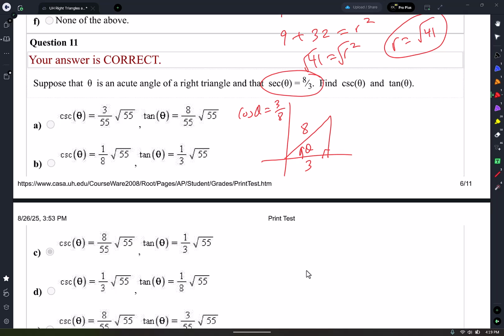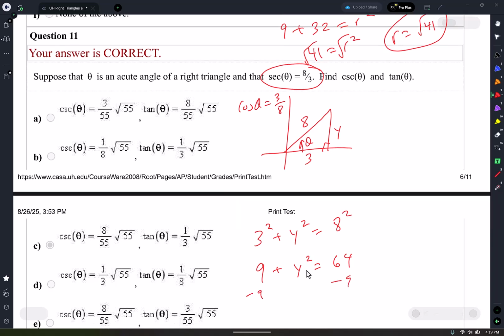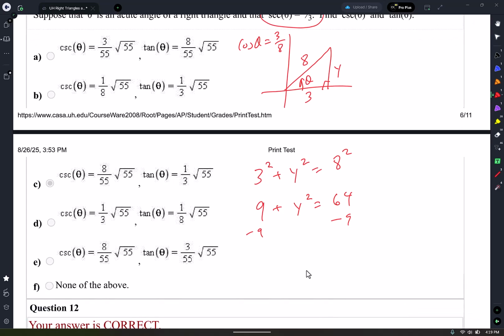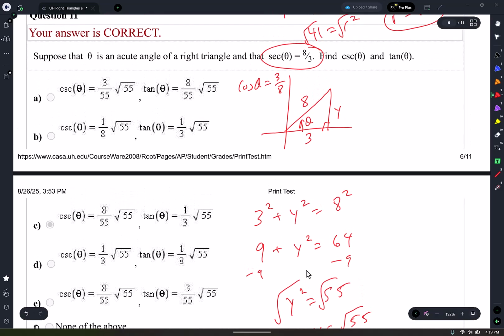I'm trying to find this distance, which I'll call y. 3 squared plus y squared equals 8 squared. 3 squared is 9, 8 squared is 64, so y squared equals 64 minus 9, which is 55. Y equals the square root of 55.